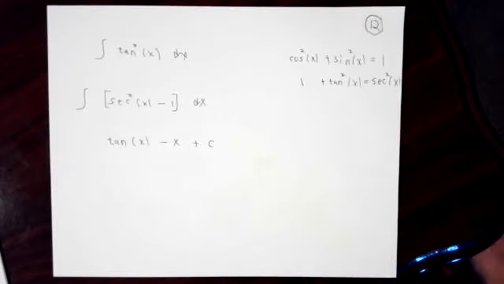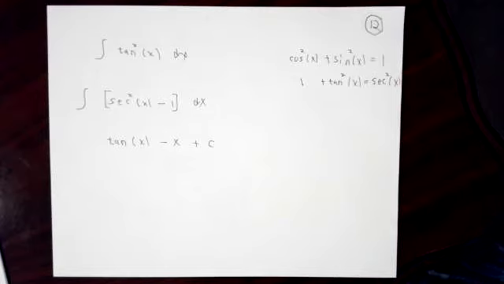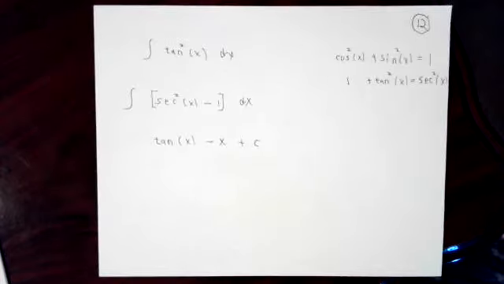I have to remember that cosine squared x plus sine squared x is 1. If you divide through in that equation by cosine squared x, you get 1 plus tangent squared equals secant squared. So 1 plus tangent squared equals secant squared means tangent squared itself is nothing but secant squared minus 1.